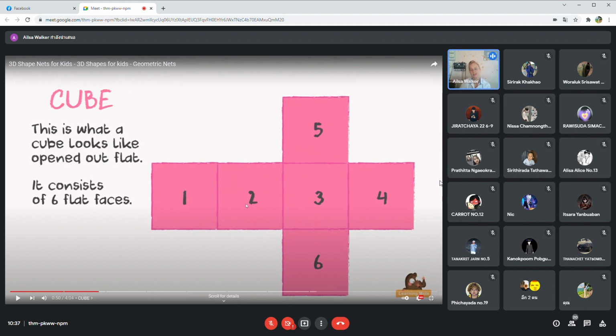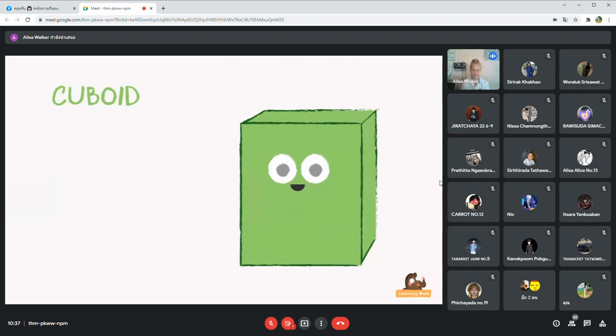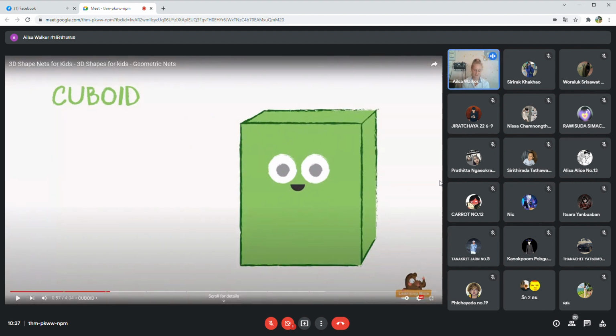It has 6 flat faces and all the faces are square. What shape is it? Cuboid. Yes. A cuboid is similar to a cube, but its faces are rectangular.